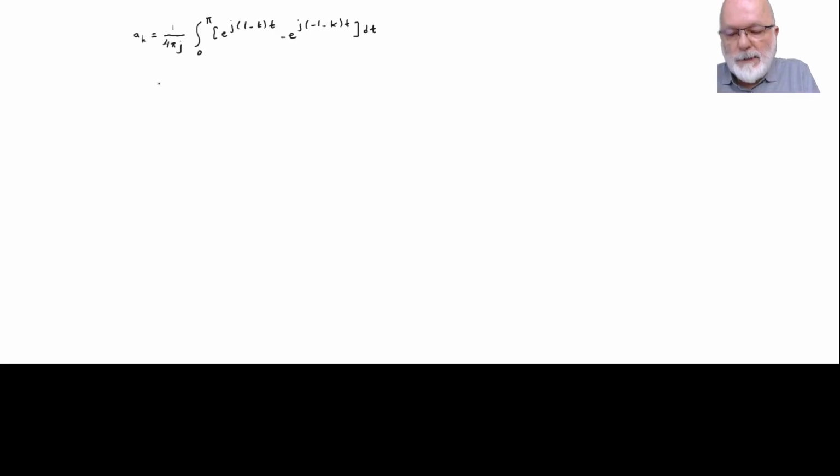Now let us evaluate the integral as follows. 1 over 4 pi j, we have e to the j(1 minus k)t divided by j(1 minus k), minus e to the j(minus 1 minus k)t divided by j(minus 1 minus k).